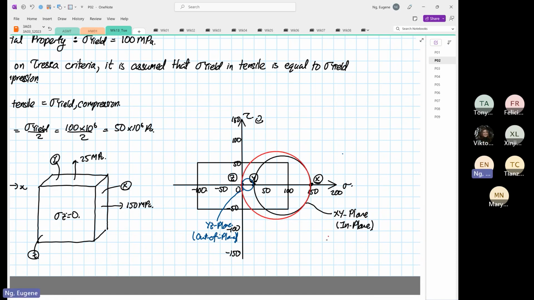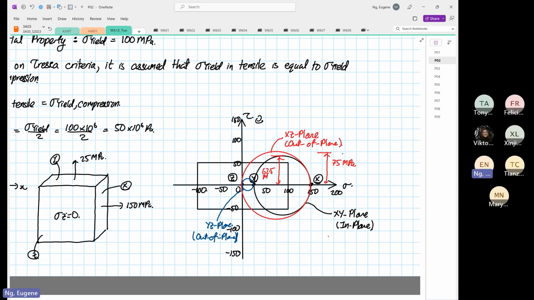Right, so this is for your X, Z plane, and this is your out plane. Right, so the true failure now, based on analysis over here, this is what? 75 megapascal. Okay, if you just do 2D Mohr circle, the biggest diameter over here is equal to 62.5.